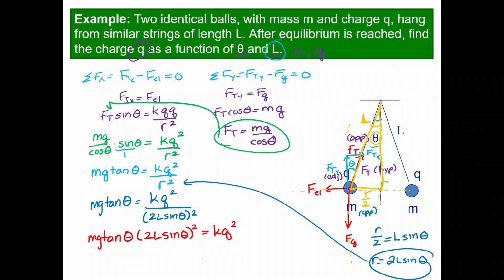I can then divide both sides by k. So when I do that, the k goes away over here. And then I can take the square root on both sides to cancel out the square.